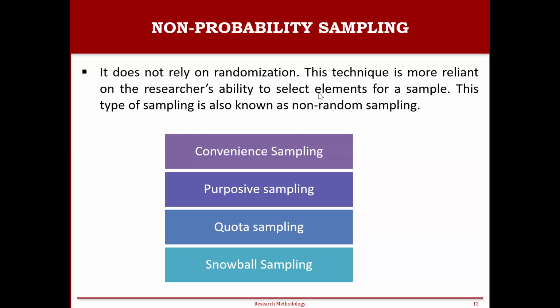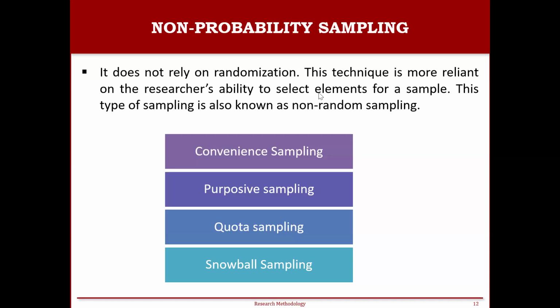But the problem is, when we select the convenience sample, we don't think about different factors. We don't think about their abilities, their capabilities, or their background, right? The only thing is the convenience. That is what we focus on when it comes to convenience sampling.